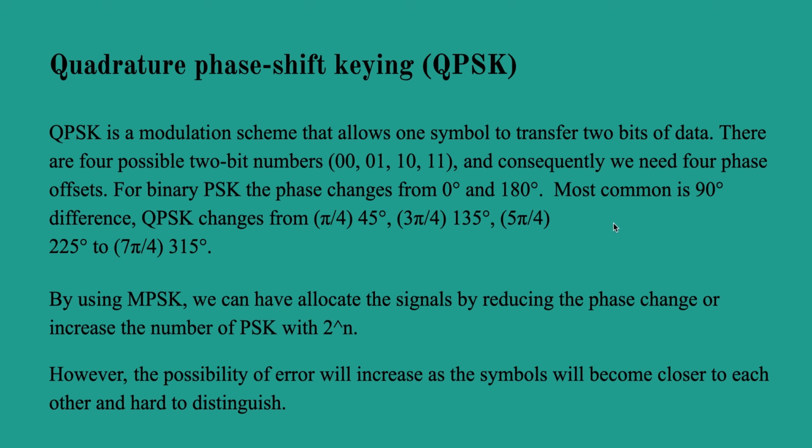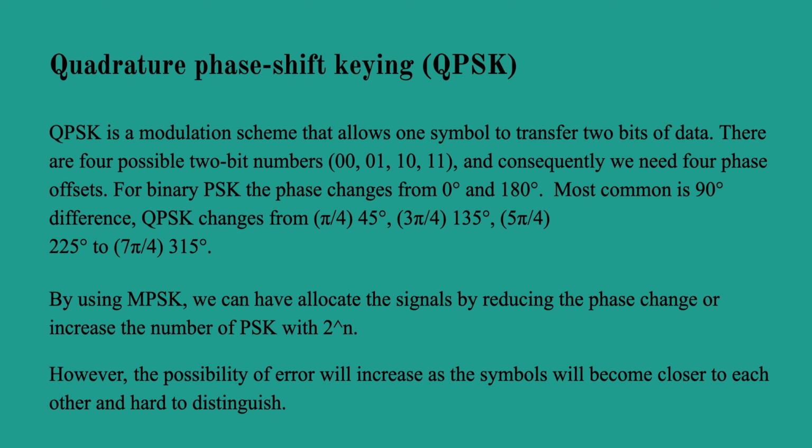For QPSK, there are 4 possible 2-bit numbers: 00, 01, 10, and 11. Consequently, it needs 4 phase offsets: 45, 135, 225, and 315 degrees, where the difference between each is 90 degrees, compared to BPSK where the phase change is 180 degrees.